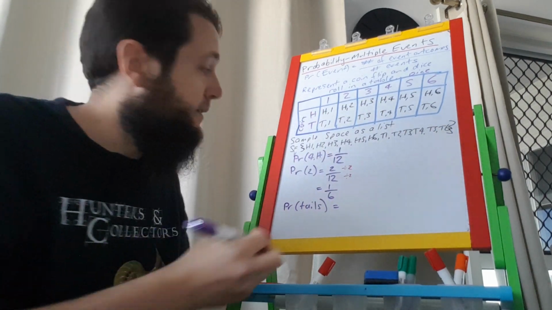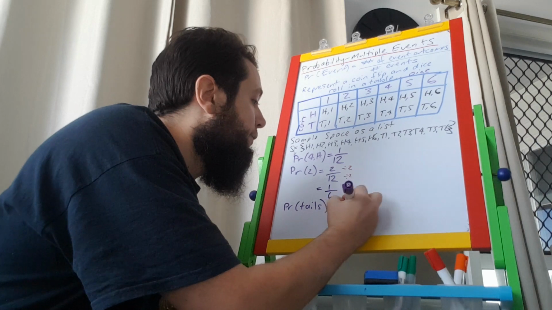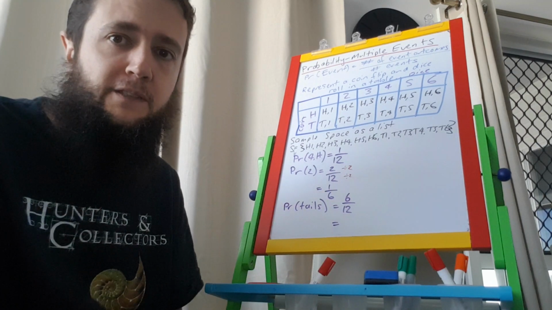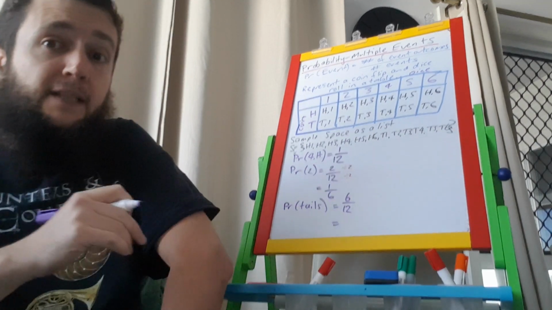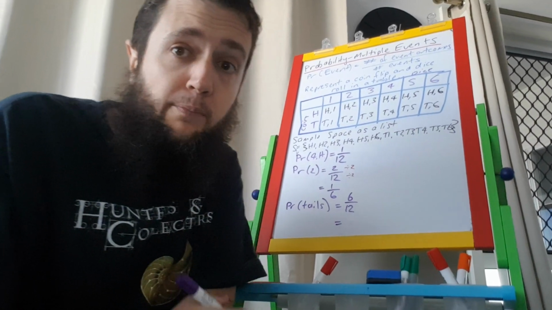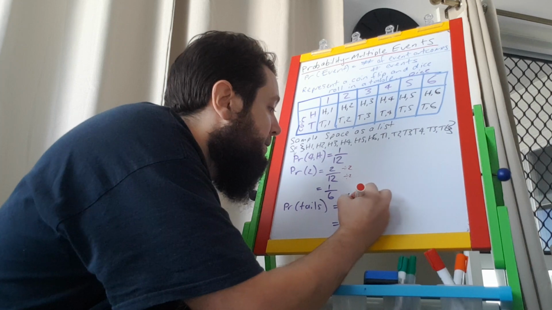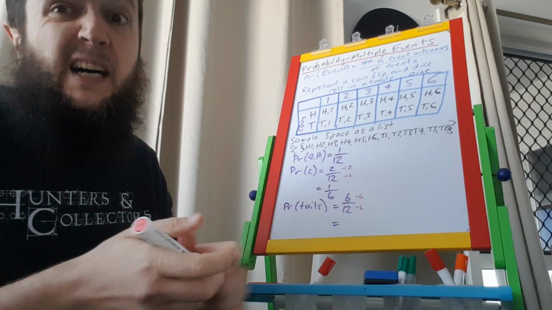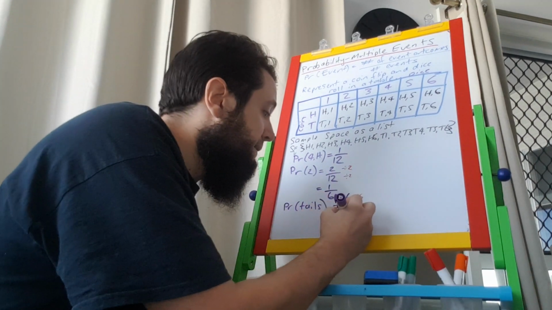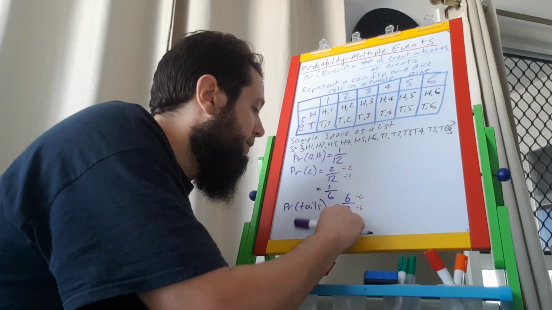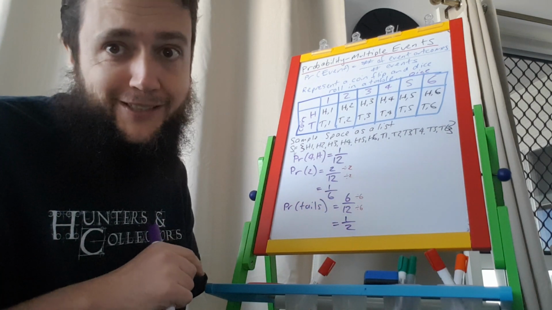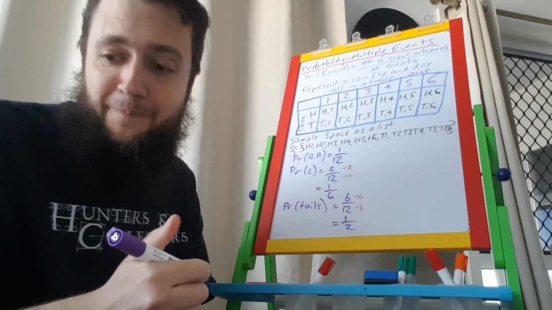There are 6 outcomes out of 12 that involve tails. You should be able to simplify that. Divide both the top and the bottom by 6, the biggest number that goes into both. It's a half. Some of you probably realised from the start it was a half, and I recognise that. But anyway, it's a half.